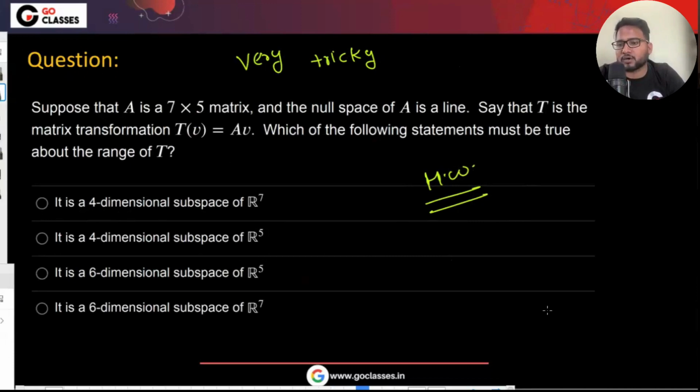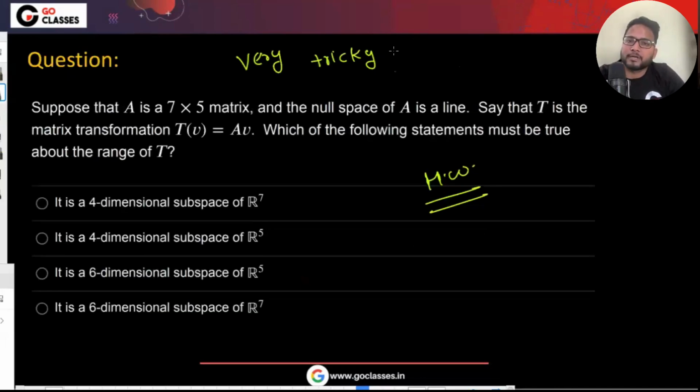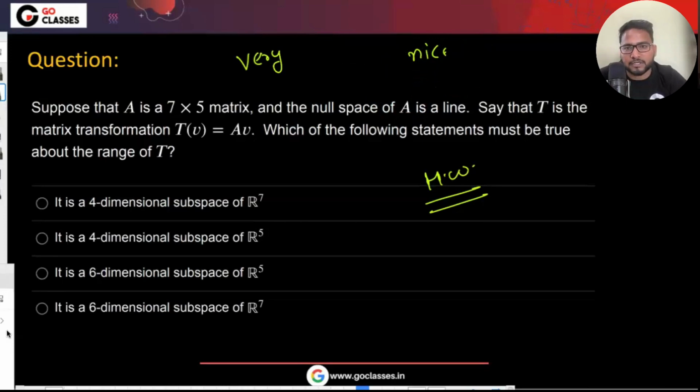But try this question as homework. We will also do this. The answer is on the next page, but you just try this. Okay. This is very nice. Not tricky. I will say it is a nice question. Easy question only, but it is nice.